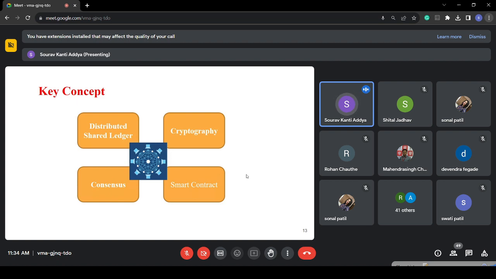In short, I can say smart contract is everything: how the network will work, how the logic will flow, what mechanism they will use. If you want to design such a system or network, you have to write your own smart contract.